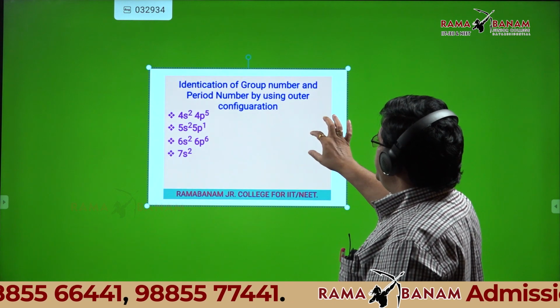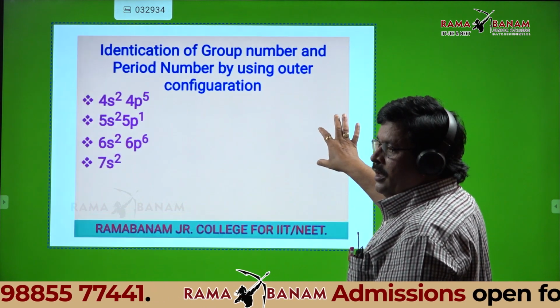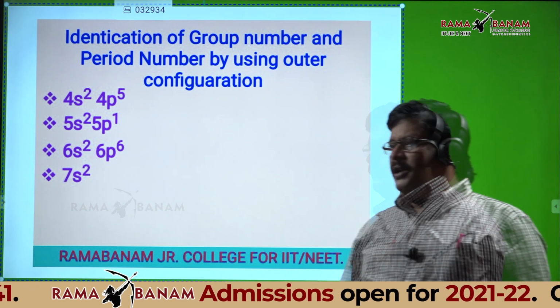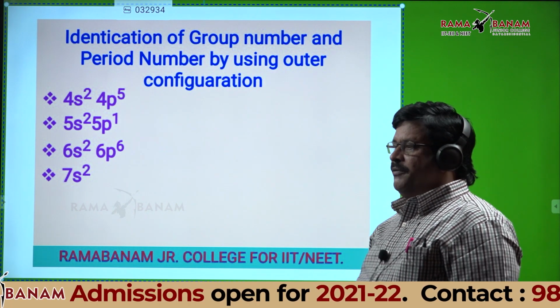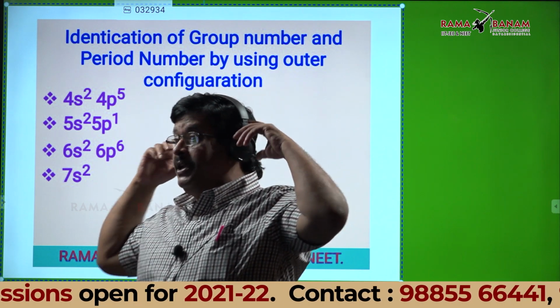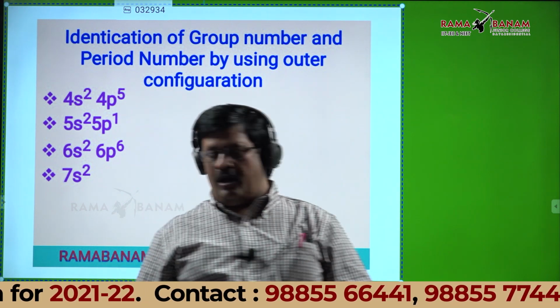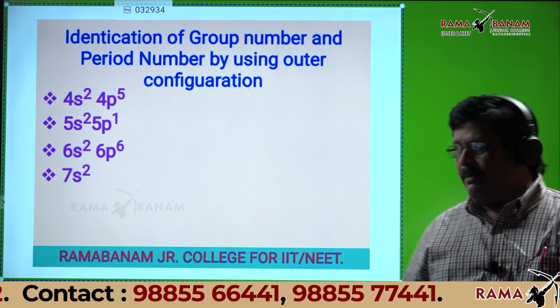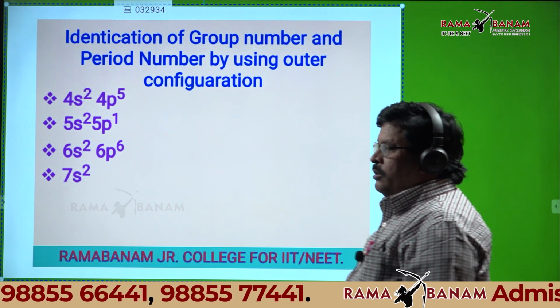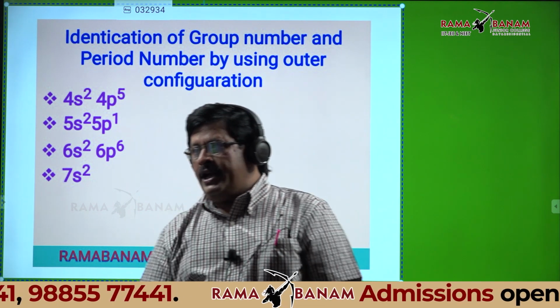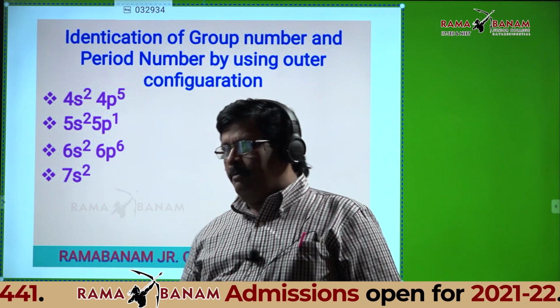Students, see this. Here, see identification of group number and period number by using outer configurations. I have given the outer configuration of 4 different elements. Now we'll identify the group number and period number.